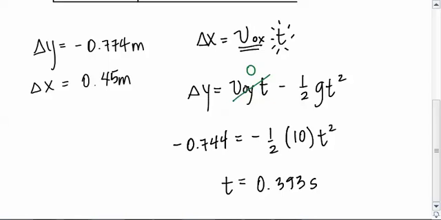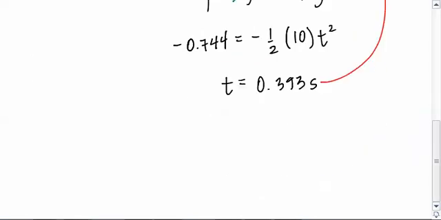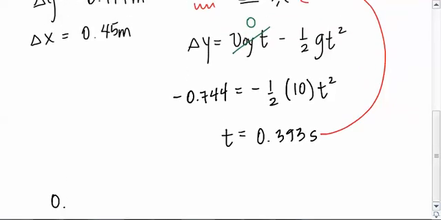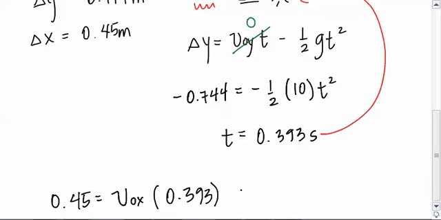Okay, so now what can I do to find that initial velocity in the x direction? I've got this guy right here. I just solved for time. Can I find the initial velocity in the x direction? Yay! All right, so 0.45 will equal our initial velocity in the x direction times 0.393.